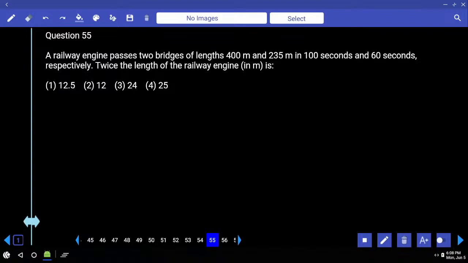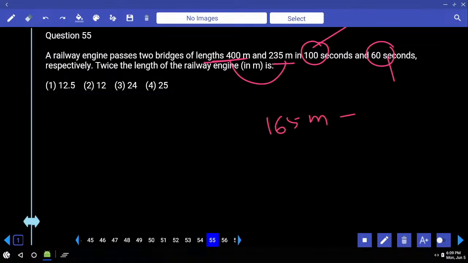So here two cases are there. The same engine is crossing the 400 meter and the 235 meter bridge. Here it is taking 100 seconds, here it is taking 60 seconds. For a difference of 165 meter, it is taking 40 seconds less, isn't it?